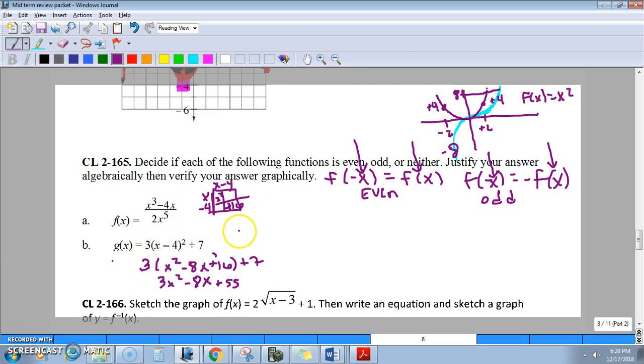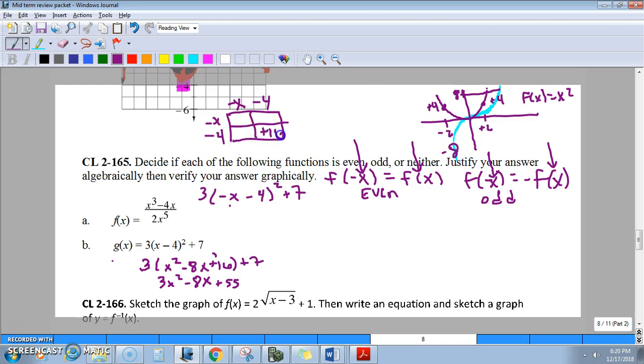Now let's make that x negative, and we can reduce it all again, just for kicks. It will be 3 times negative x minus 4 squared plus 7. So that changes my area model to be negative x minus 4, negative x minus 4.